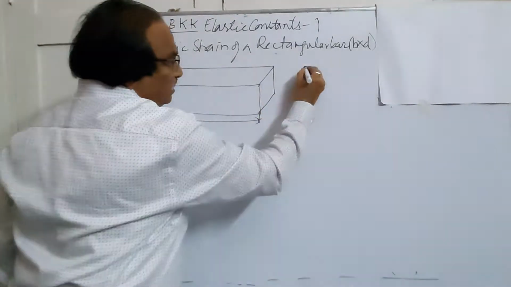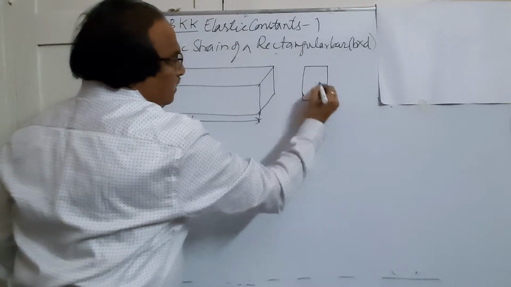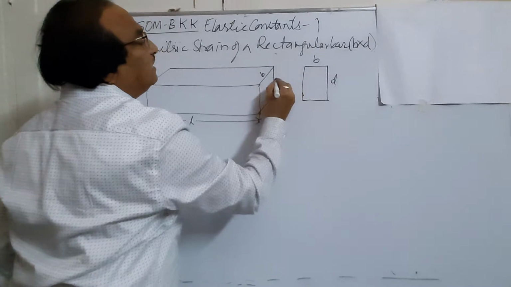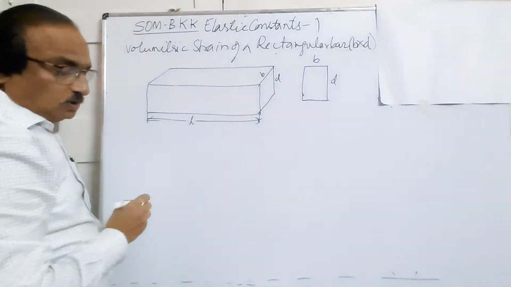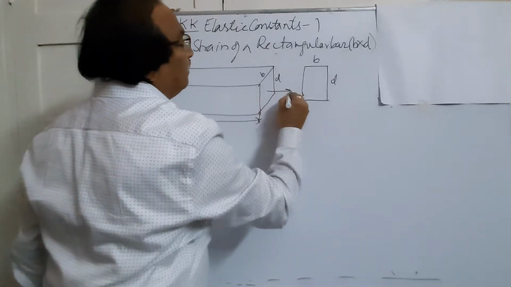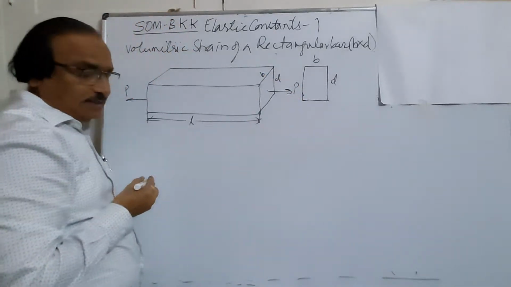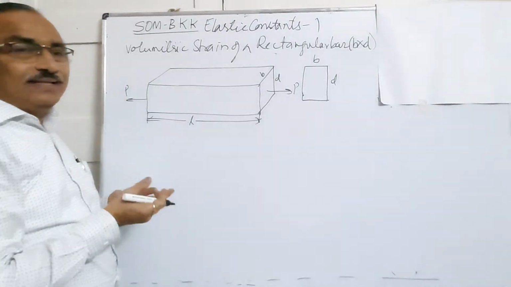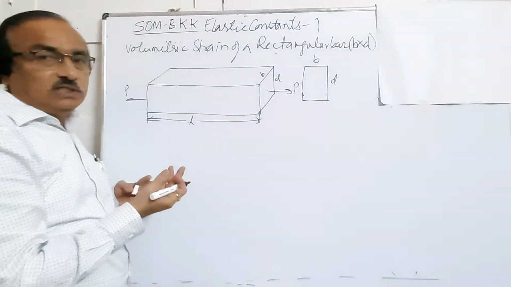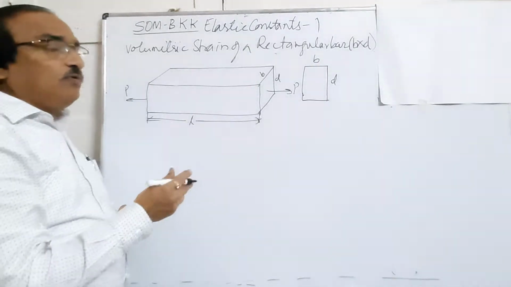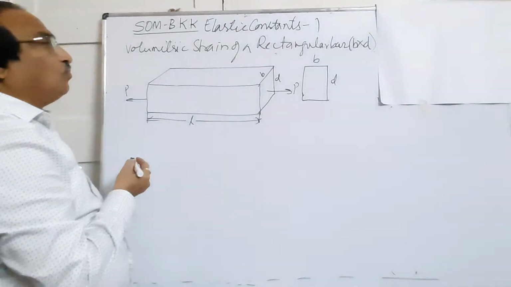If it is a cross section, B is the width and D is the depth. So this portion is B and this portion is D. Now this member, if it is subjected to a force P along the axis, then you find there will be change in the length, change in the width, change in the depth. So definitely we expect the change in the volume also. We'll see what is the volumetric strain.